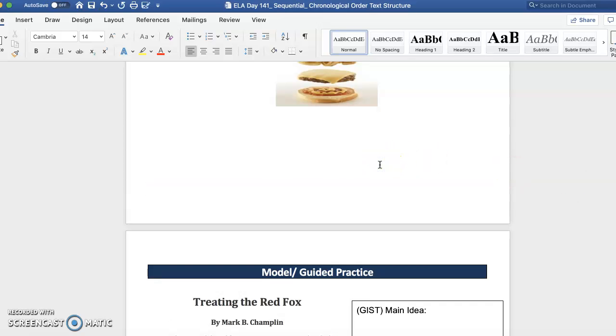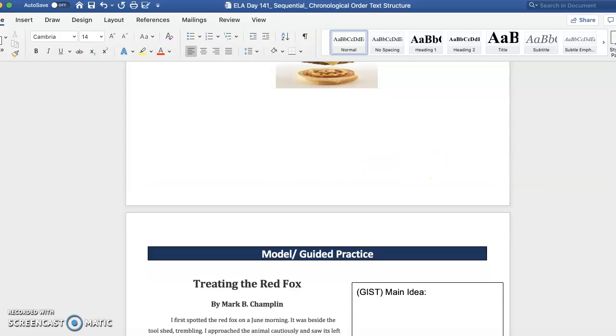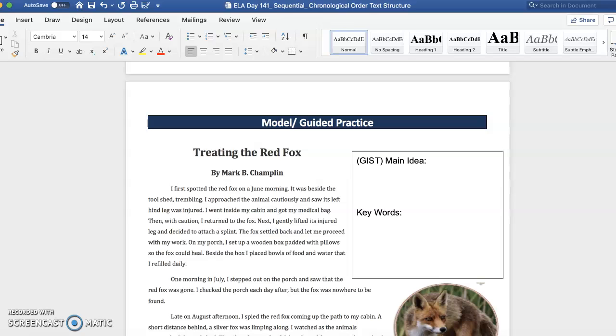So guys, today we're actually going to be doing model and guided practice together since our lesson is so long. The model and the guided practice is going to be together, and then the independent practice is going to be on your own, okay? So the text that we're going to be reading is called Treating the Red Fox.